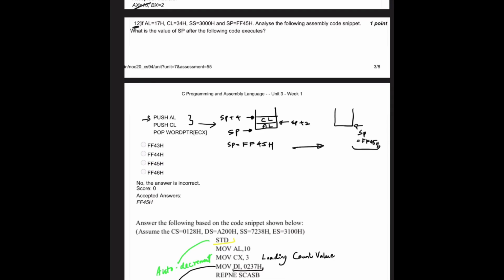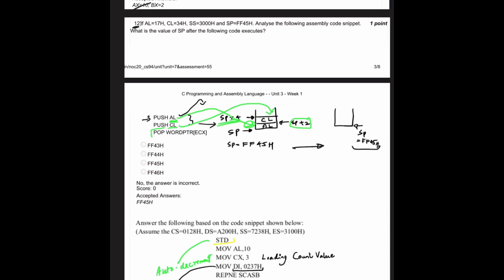PUSH AL pushes AL into the stack. Let's look at what is happening here. AL goes into the stack here. Once it goes in, the stack pointer is incremented by 2 because it is AL. Now PUSH CL, again CL goes and sits over here, and the stack pointer is incremented by 2, so SP is equal to SP plus 4.